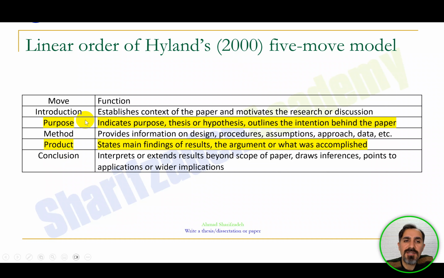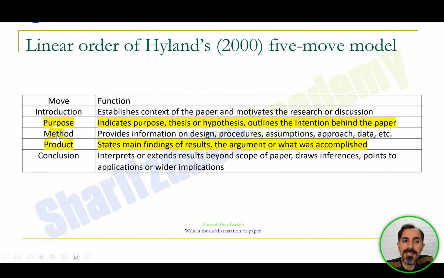He believes that you have to have five subsections put together to make an abstract as a whole. The introduction establishes the context of the paper and motivates the research or discussion. In the second subsection, you have to indicate purpose, your thesis or hypothesis, and talk about the intention behind doing the research.